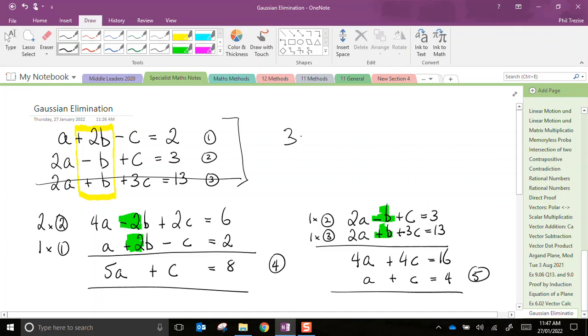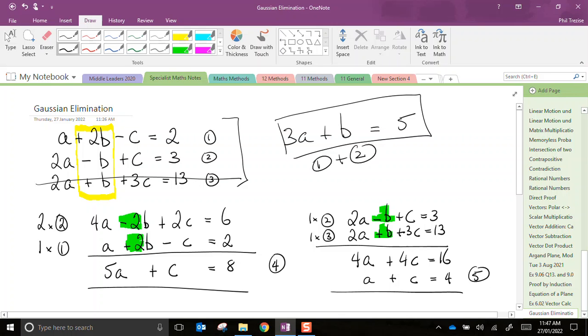What if I give you 3a plus b equals 5? Now that looks like a different equation to equation 1 or equation 2, but in fact it is a dependent equation because this is really just equation 1 plus equation 2.